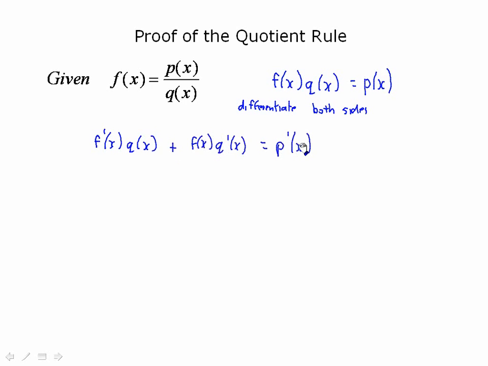Now, I'm going to isolate f prime of x because that's what we ultimately want. Because we are trying to find the derivative of f at x. So f prime of x, if we do all the manipulation on it, would be equal to p prime of x subtract f of x q prime of x divided by q of x.